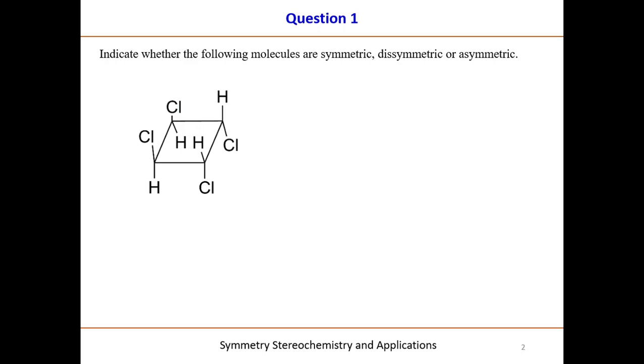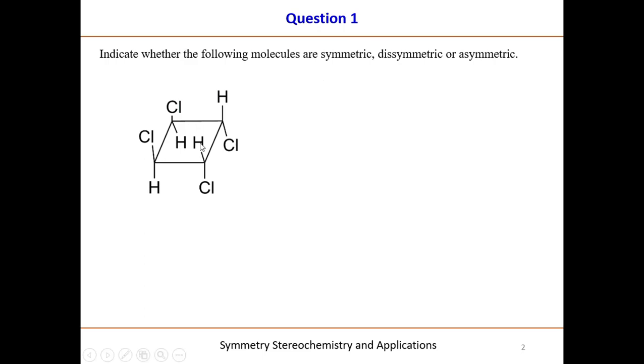But if the Sn axis is absent, the molecule can be chiral or disymmetric, so we have to check the Cn axis. If there is no Cn axis, it is an asymmetric molecule. And if any Cn axis is present, the molecule is disymmetric. Okay. So let's move to the examples.